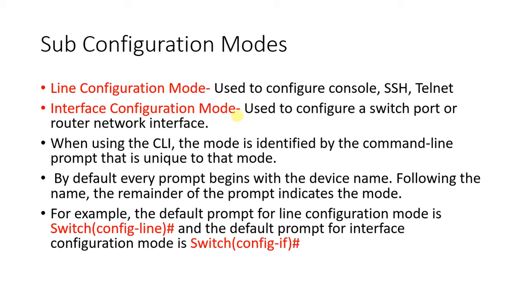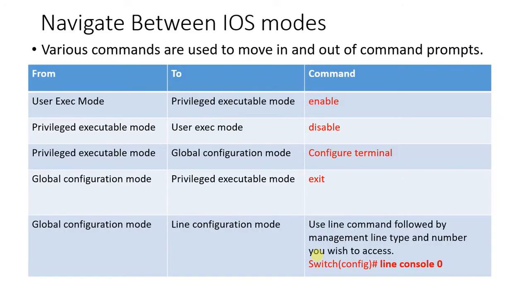When you are in line configuration mode, you will see the prompt switch config line hash. And whenever we are in interface configuration mode, you will see the prompt switch config if hash. We'll see all these configuration modes in more detail when we actually perform commands in these modes. It will be more clear to you.